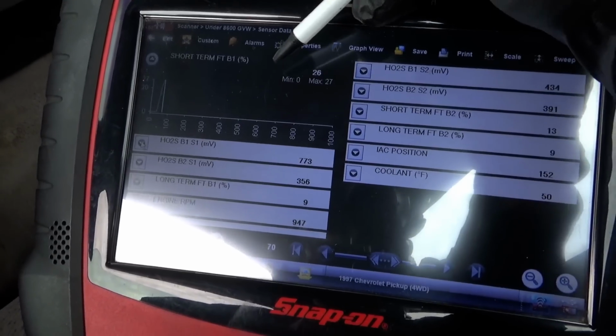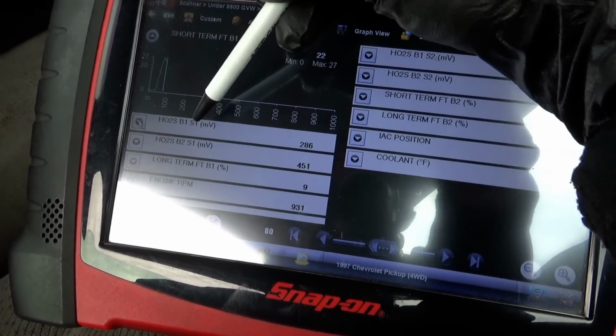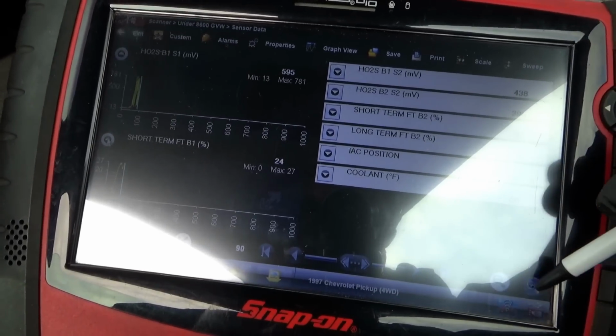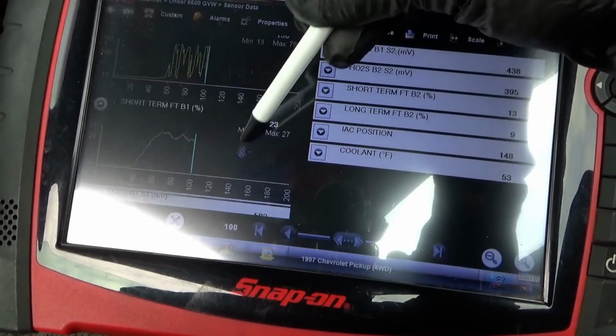Alright, short-term bank 1, look, it's going to like 30%. And bank 1 sensor 1, what is it doing? It's oscillating.